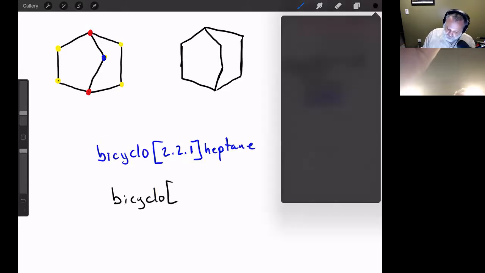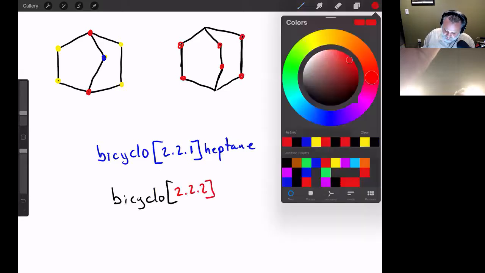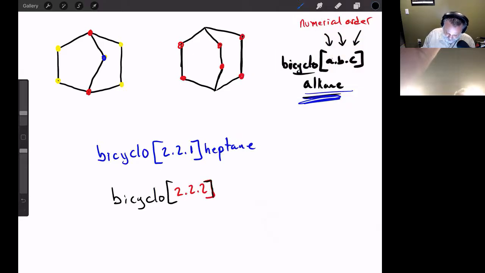There are 2 carbons in this one, 2 carbons in this one, and 2 carbons in this one between the bridgeheads. So it's 2.2.2. And in this case, it's octane. So it's bicyclo 2.2.2 octane.